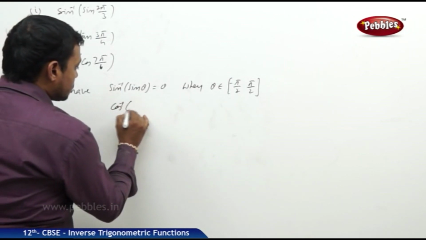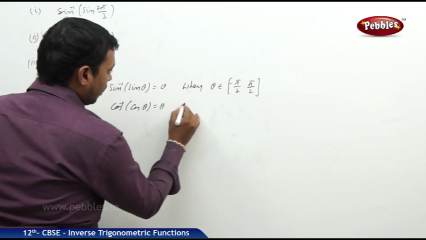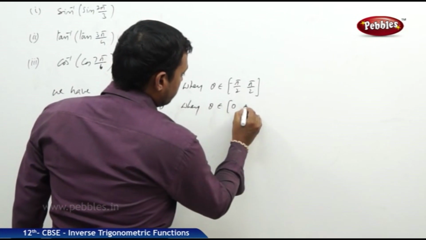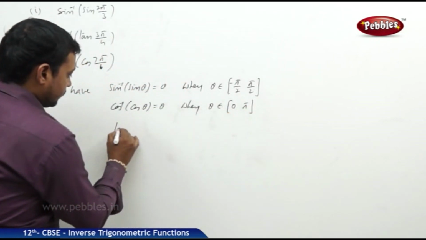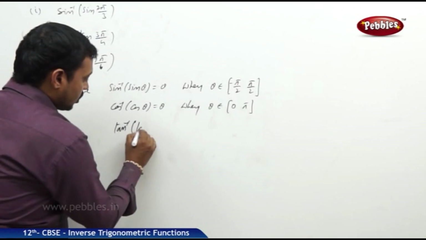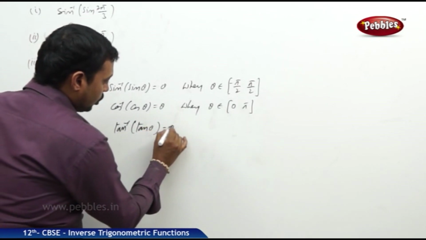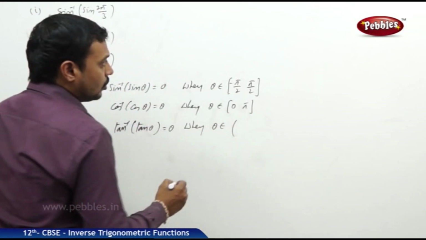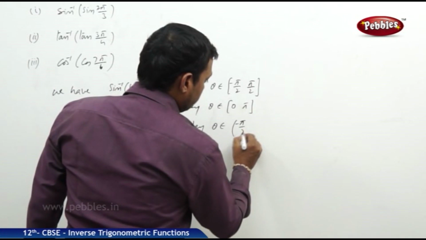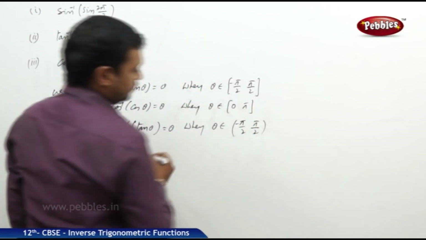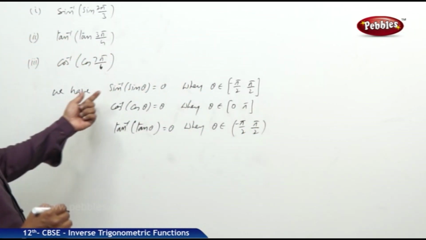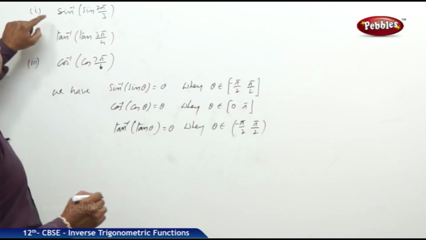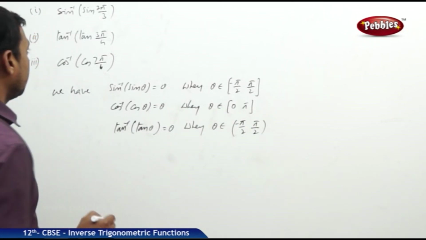And cos inverse of cos theta is equal to theta when theta belongs to the principal domain 0 to pi. And tan inverse of tan theta is equal to theta when theta belongs to the open interval minus pi by 2 to pi by 2. So, now we have these three properties. Using the properties, let us find the values of the given three.